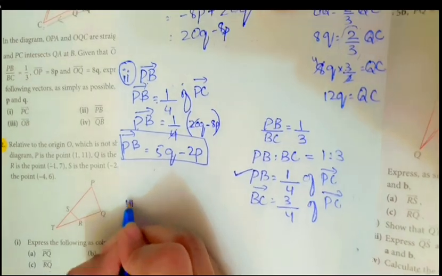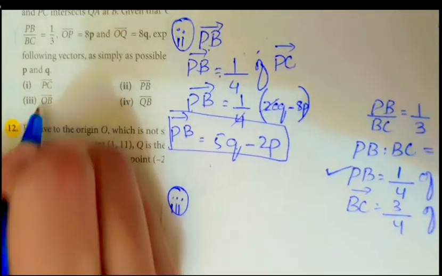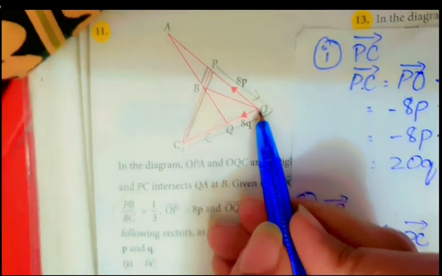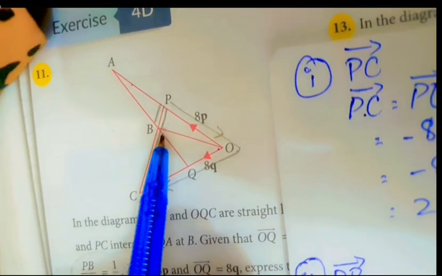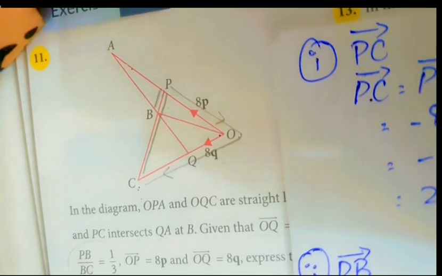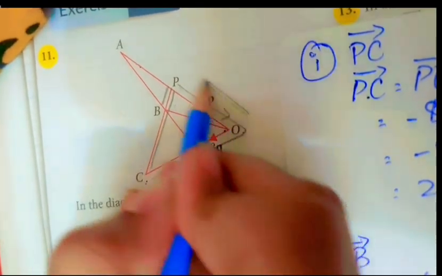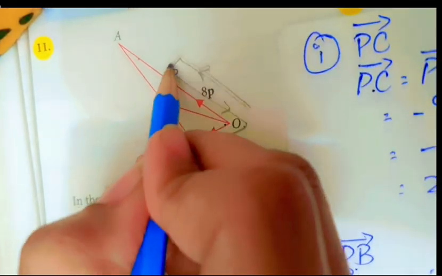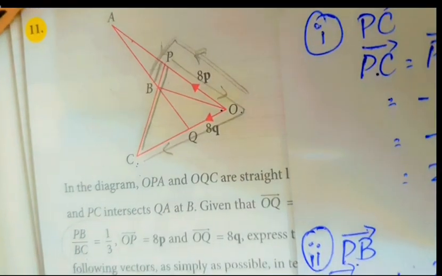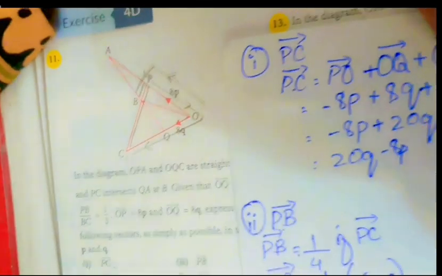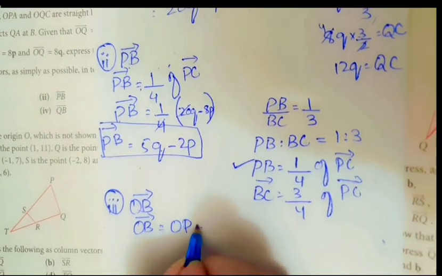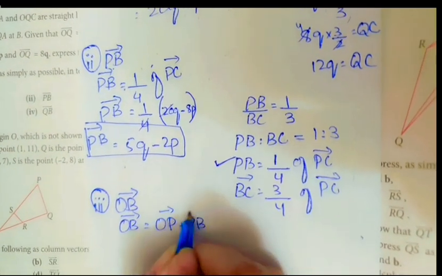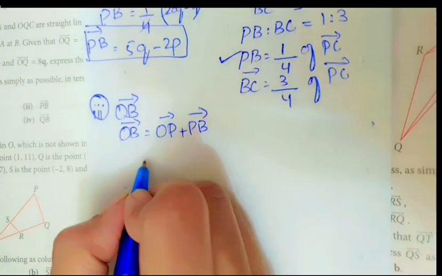Now move to third part. What is this? This is OB. See in the diagram, where is OB? This is over here. So how can we go? Start from O and then move to B. So OP and then PB. So we can get OB. OB is equal to OP plus PB. Now where is OP?